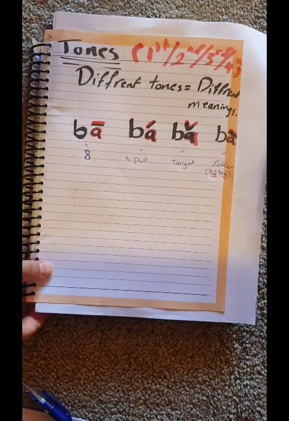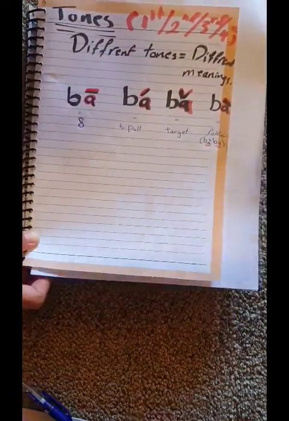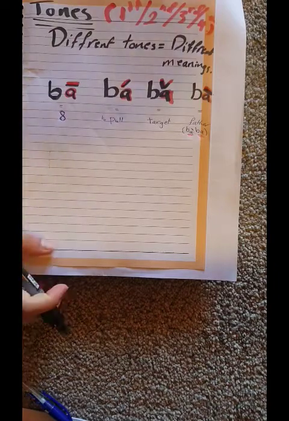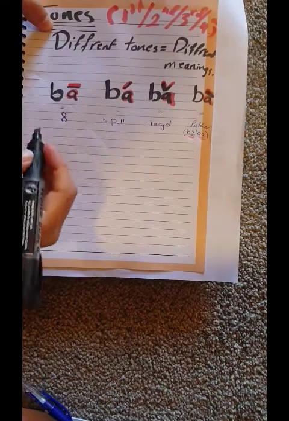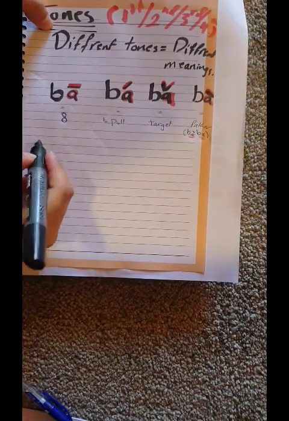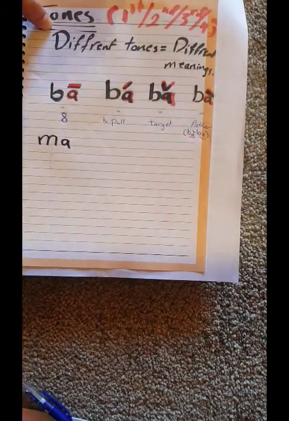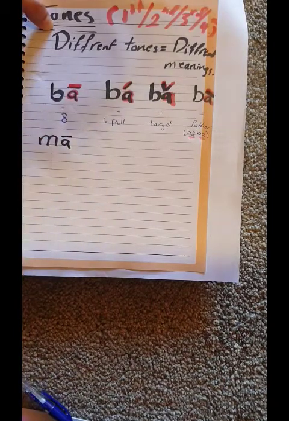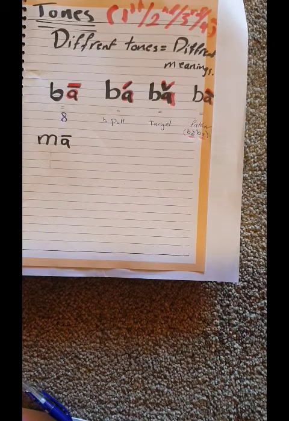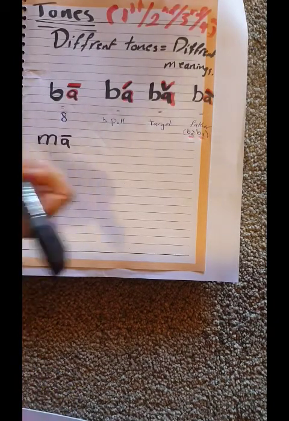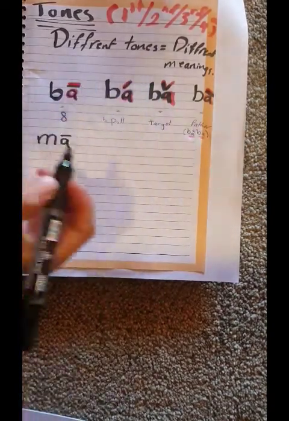Let's take another example for these. Let's take another one, which is ma, which in Chinese means, let's write them all like we did with the ba.